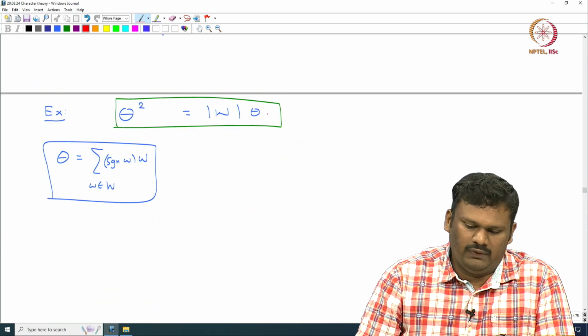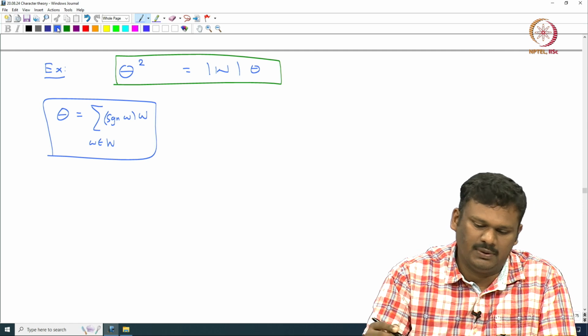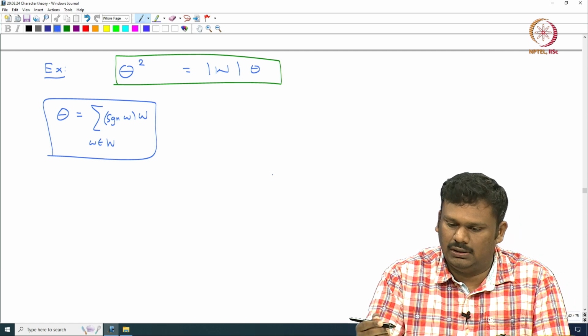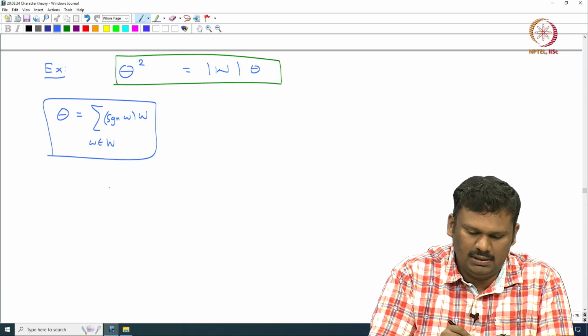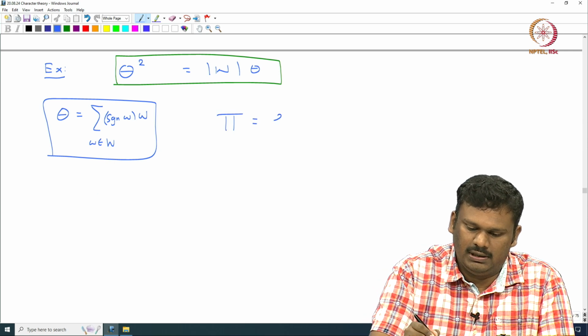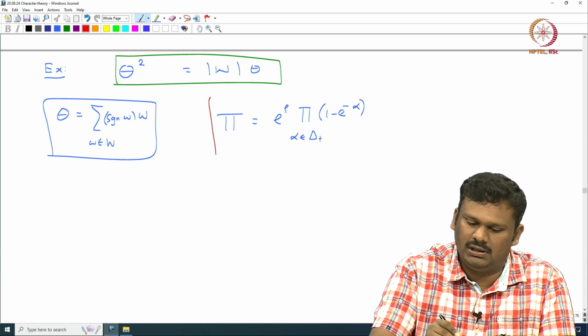So, it is enough to prove it on the generators, which are the simple reflections. So, let us do this simple calculation. You start with this pi. Recall pi is nothing but e power rho times product 1 minus e power minus alpha, alpha comes from delta plus. So, this is what we start with.